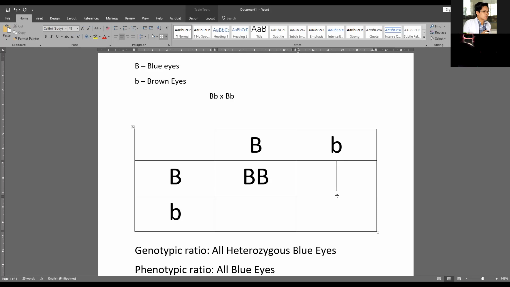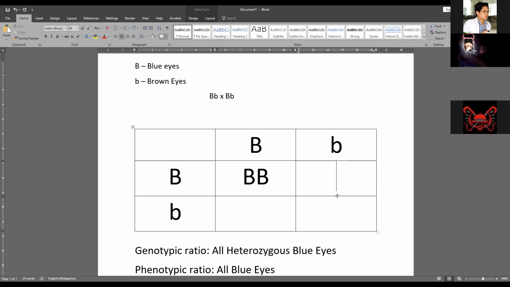As a general rule, in writing the set of alleles, you need to consider first the dominant over the recessive. So the dominant there is capital B, right? Correct? Rabbi, Vincent, Andrade, are you still with me?